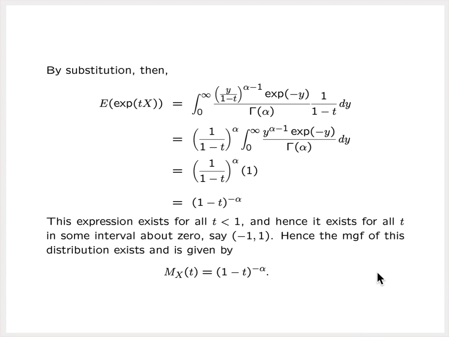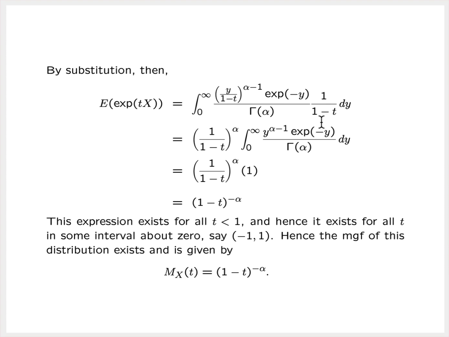And so by substitution, that integral becomes the integral over the positive part of the real line of y over 1 minus t raised to the alpha minus 1 power times the exponential function evaluated at negative y over the gamma function evaluated at alpha times 1 over 1 minus t dy.